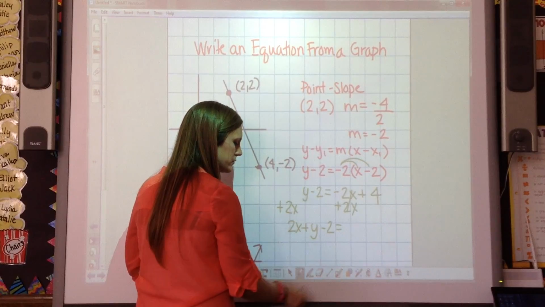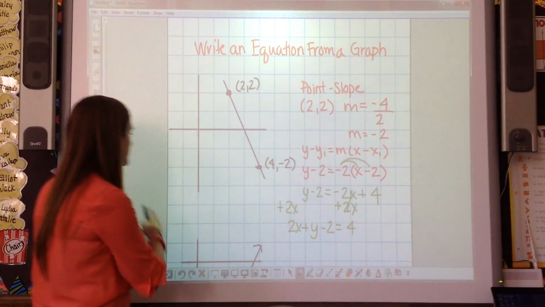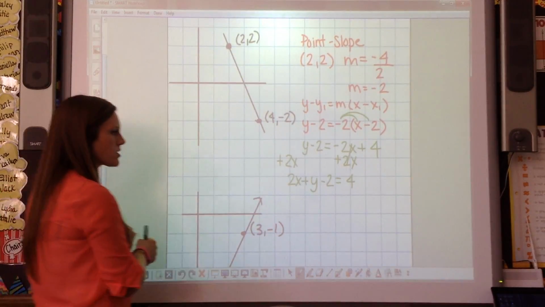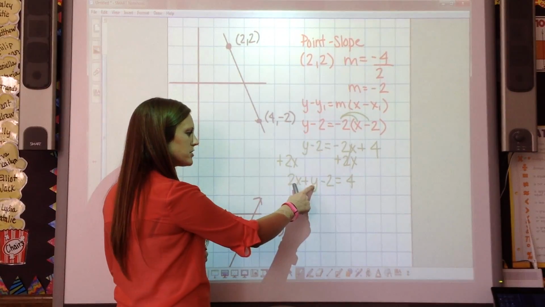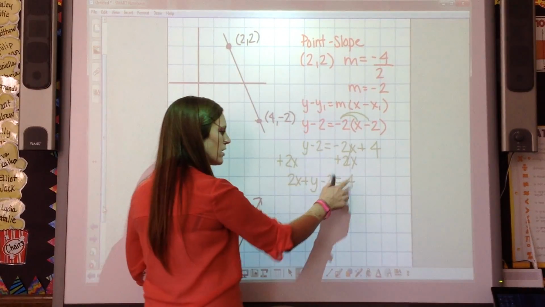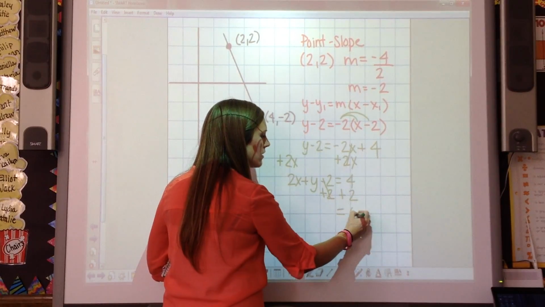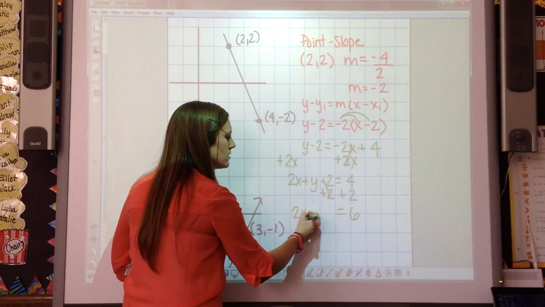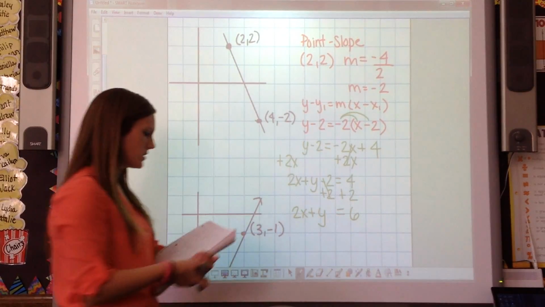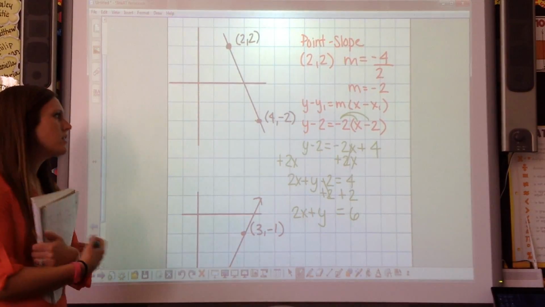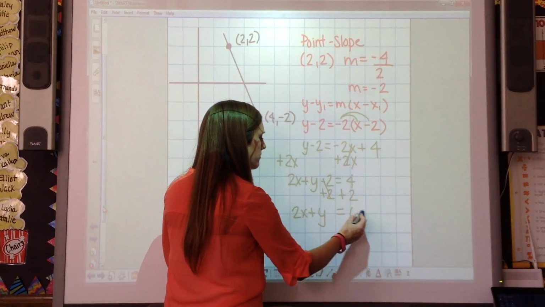Equals 4. Okay, standard form is when the x and the y terms are on the left side and all the other terms are on the right side. So I have to move this constant over to the right. So I get 2x plus y equals 6. I just created an equation that's in standard form.